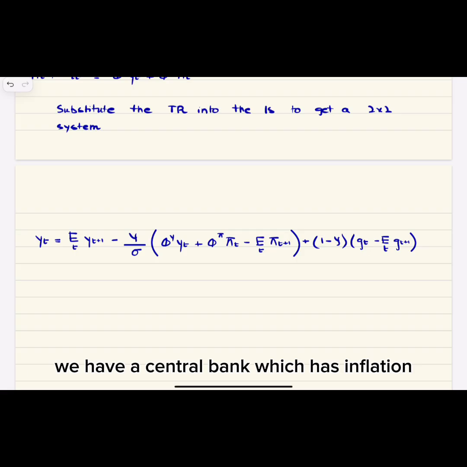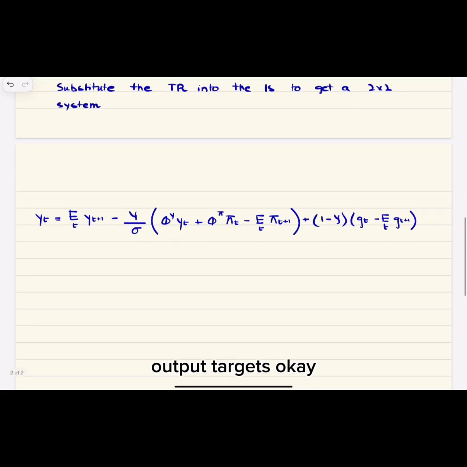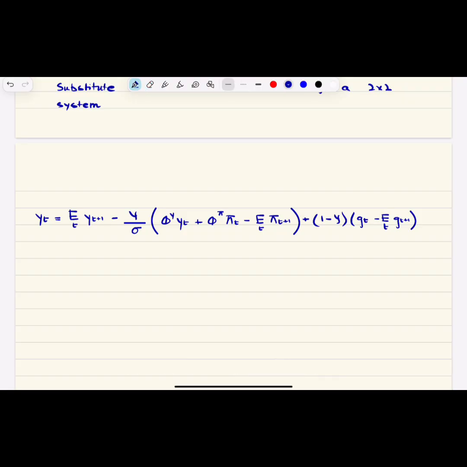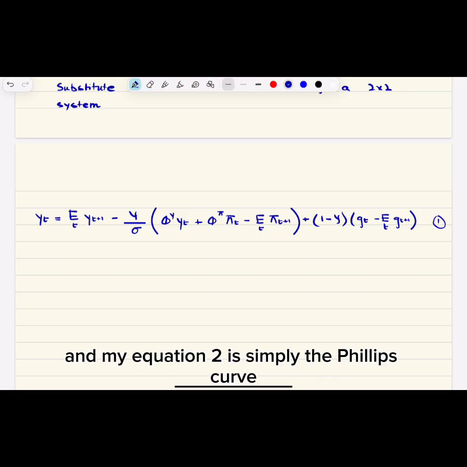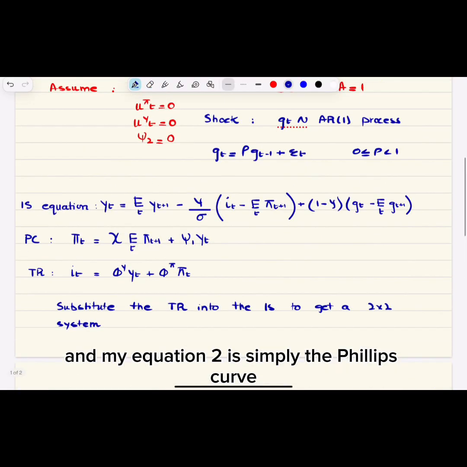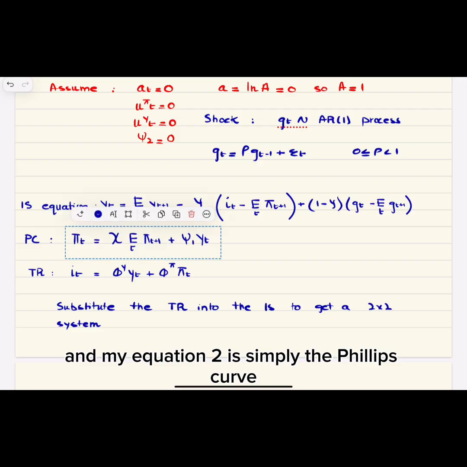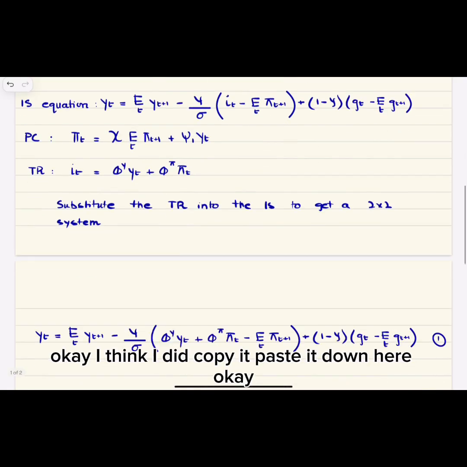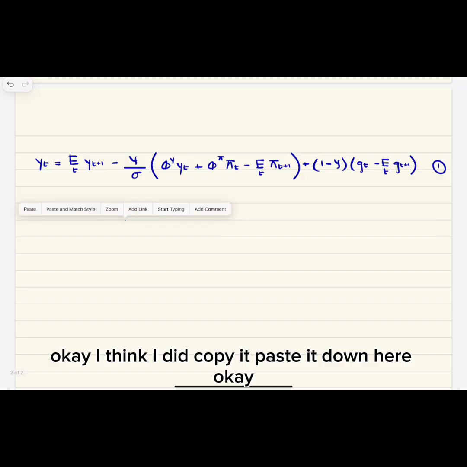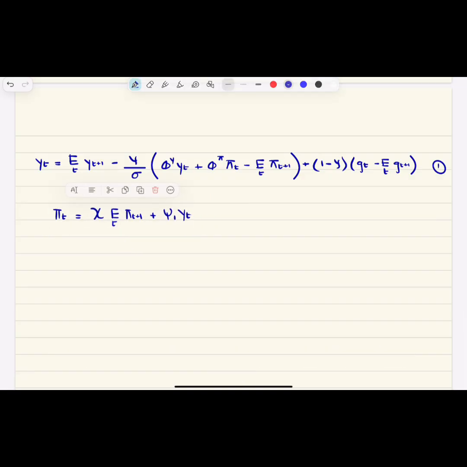We have a central bank which has inflation and output targets. Okay, so this is my equation 1. And my equation 2 is simply the Phillips curve. I copied and pasted it down here. This is equation 2.